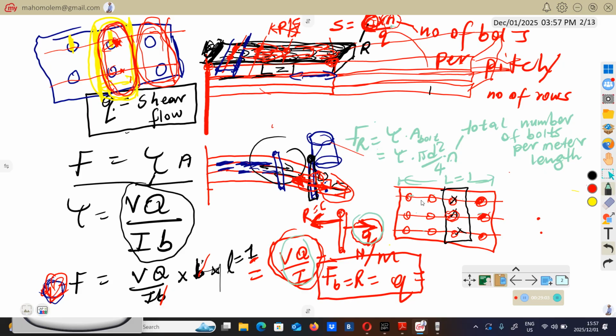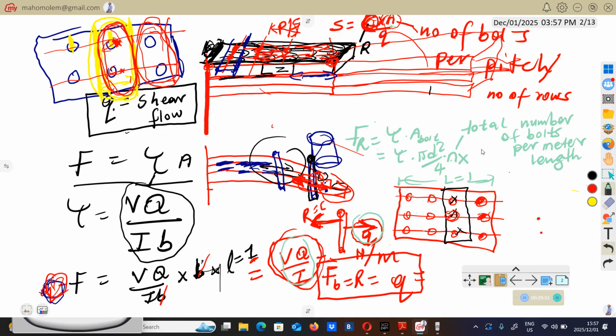It's not only that. Sometimes you are going to find that we have a double shear. It doesn't have to be double shear, but if you find that your bolt is going to be sheared more than once, I will show you with the drawing, then you must include this thing.